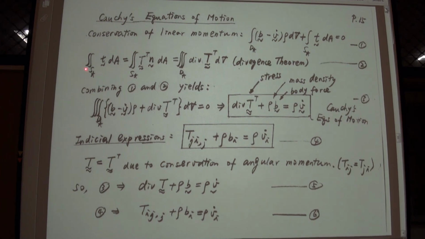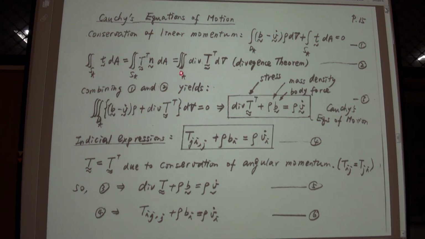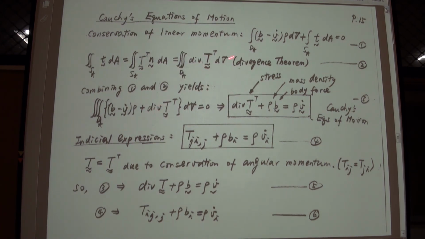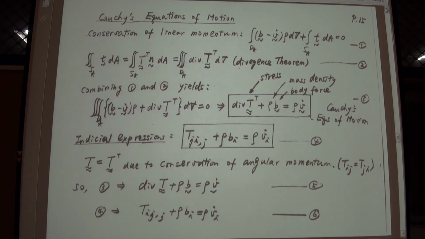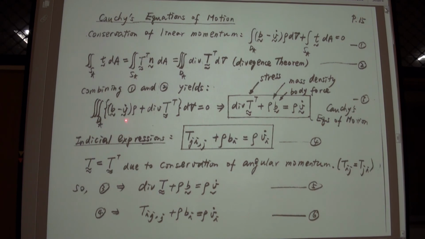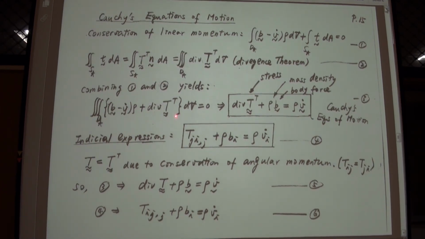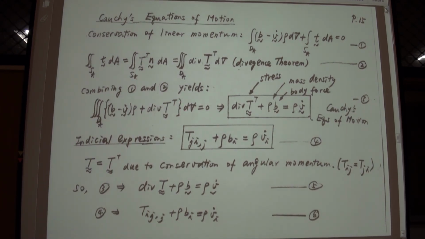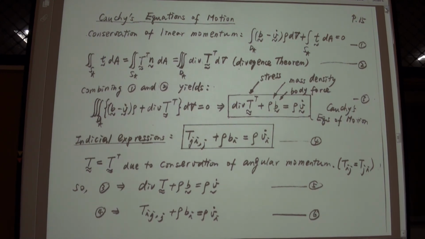Now we can do this job. We turn the surface integral into a body integral. We copy these two terms here, and then we replace this term by this term. Okay, this is the whole game. Now, the conservation of linear momentum is written totally in terms of a volume integral only. Okay, there's no surface integral anymore.